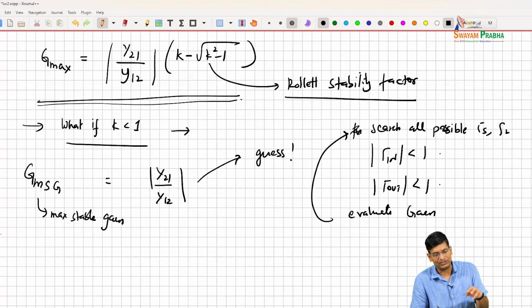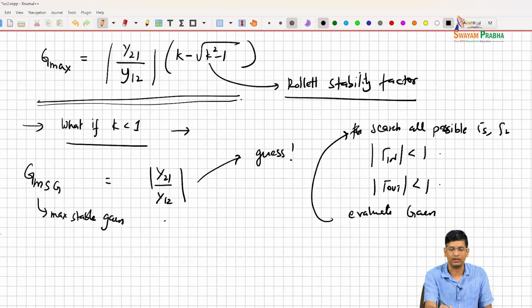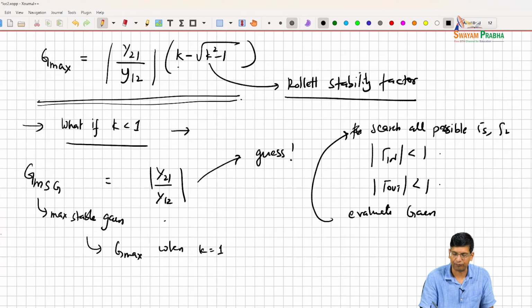So the maximum stable gain is just a guess. It says what is the gain that you would get if K was equal to 1. So basically it is G max when K equals 1.